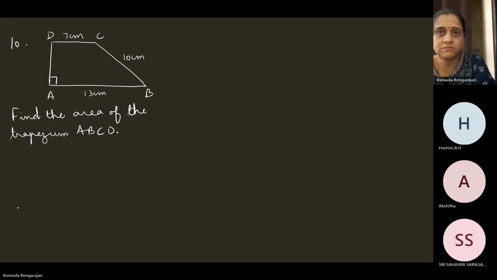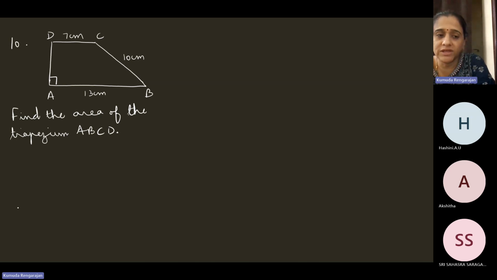Akshita. What are the values of a and b? 13 centimeter. See, you don't even understand what I'm asking. When I asked you what are the values of a and b, you're saying AB is 13. That's not what I mean.